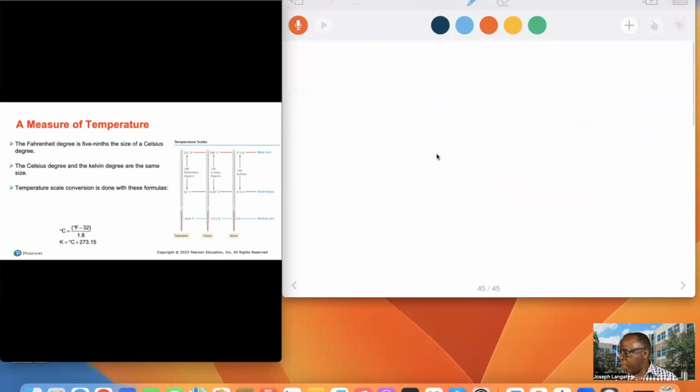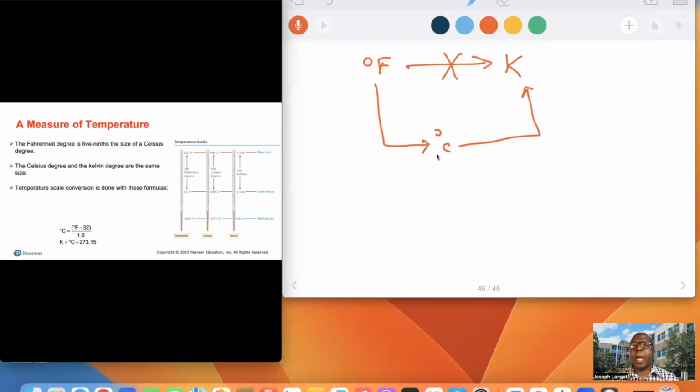We don't have degrees Fahrenheit to Kelvin, so you need to change to degrees Celsius first, and then you change to Kelvin.